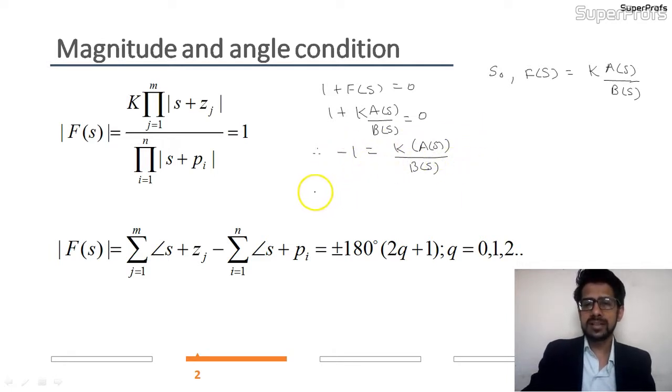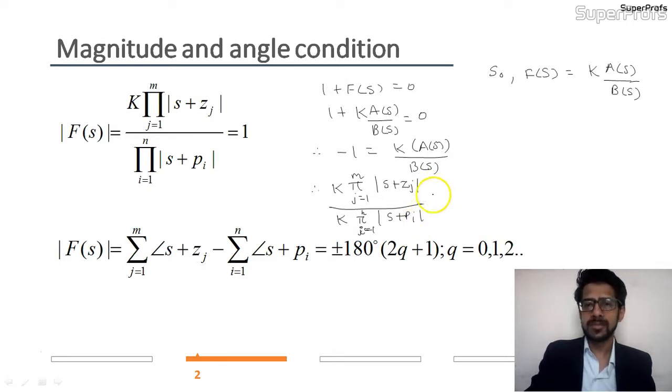Taking magnitude on both sides, we will have the magnitude of k into the product of the magnitudes of the factors of a of s, over the product of the magnitudes of the factors of b of s, with i equal to 1 onwards. Here zj represents the different zeros of the transfer function, and pi represents the poles.